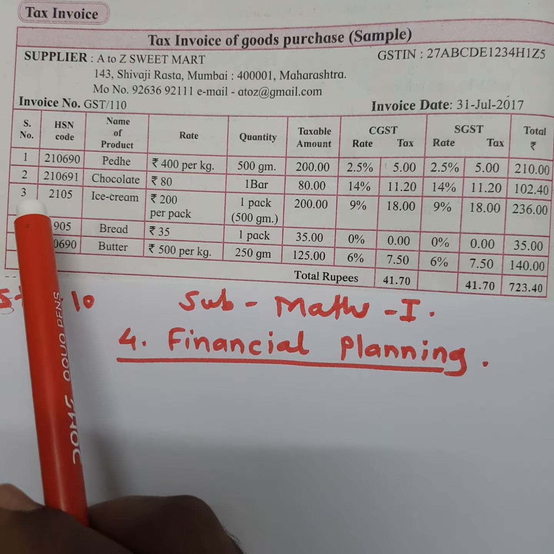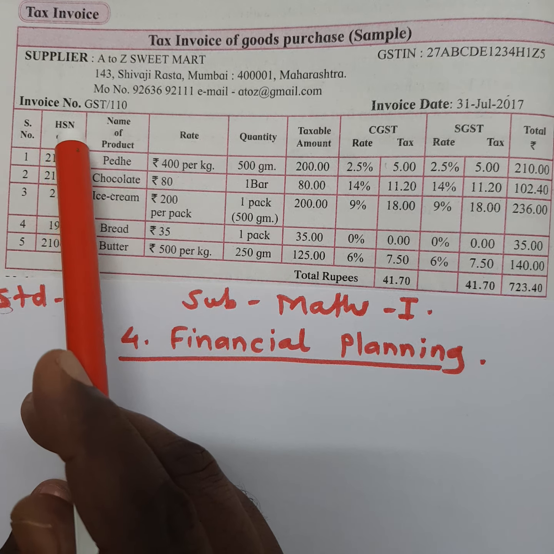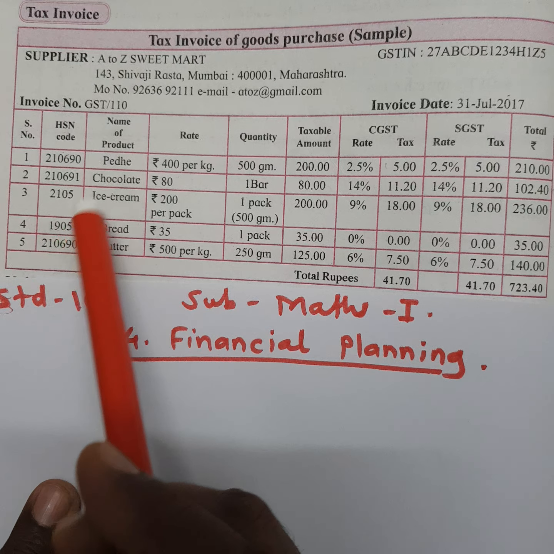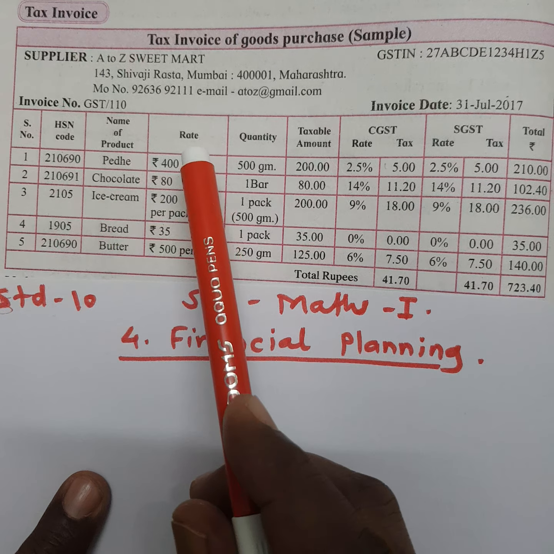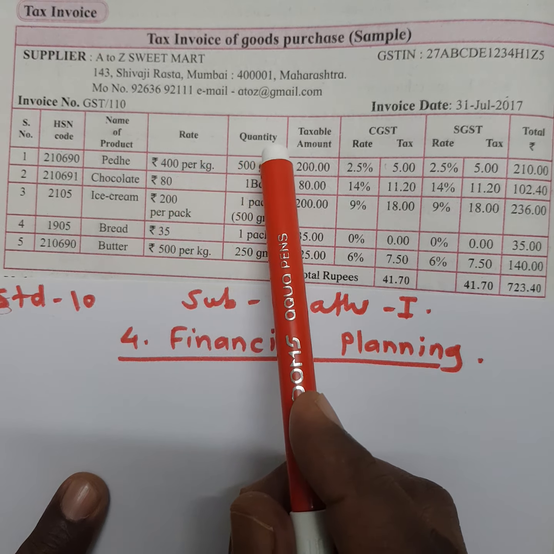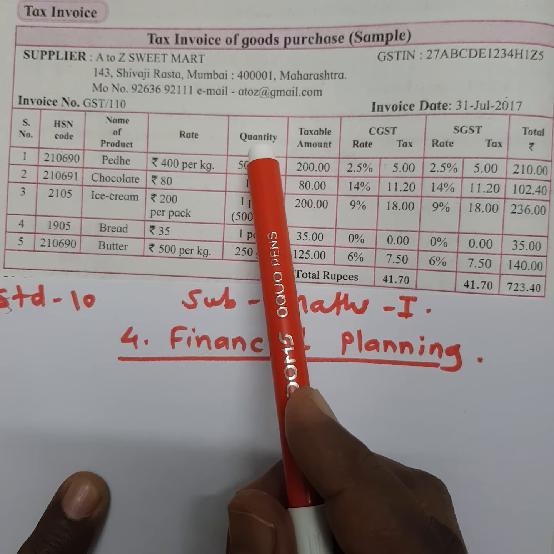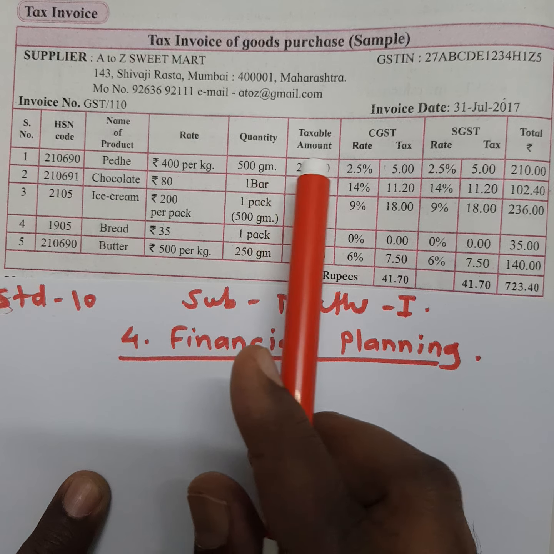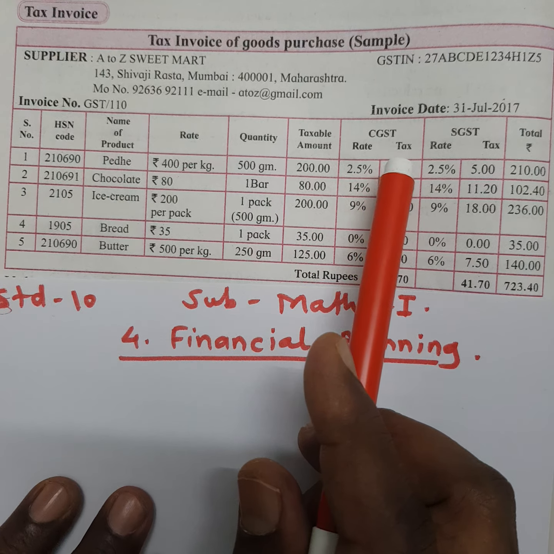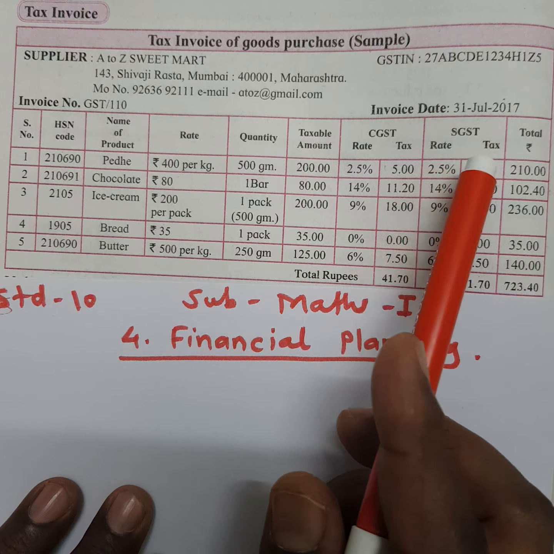Then what are the columns in a tax invoice? See, the first column is serial number, the second column is HSN code, then the name of the product, then the rate of the product, then the quantity which the customer takes, then the taxable amount, then the rate of CGST and tax amount, and the rate of SGST and tax amount.